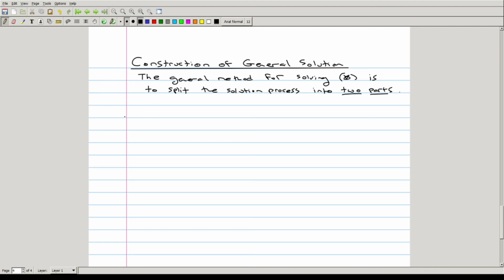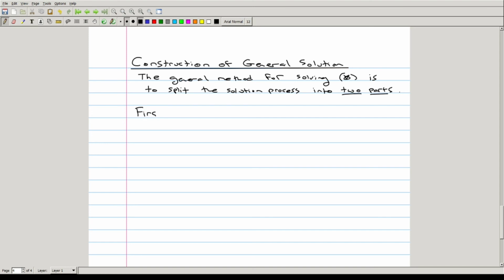And this will definitely be familiar to you if you recall how you solved nth order linear ODEs in your single ODEs class, your first introductory ODEs class.